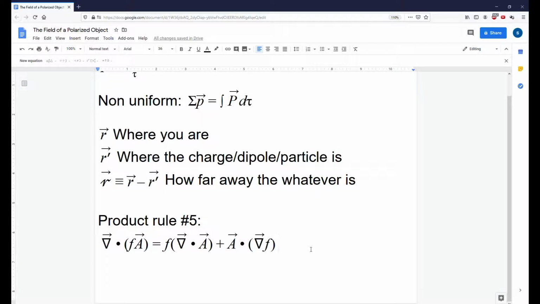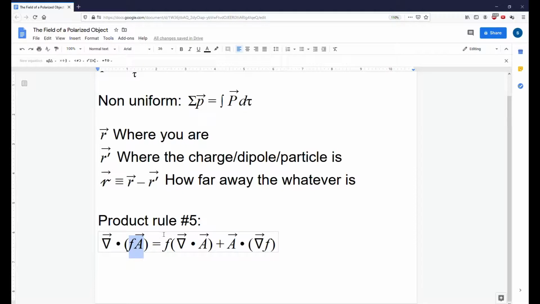Lastly, the textbook uses the divergence theorem, which basically says that the integral of the divergence of a function over a volume is equal to the integral of that function over the closed surface.